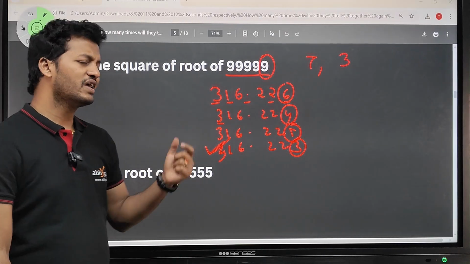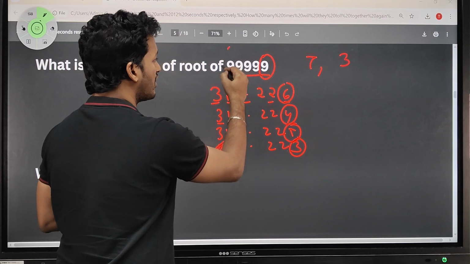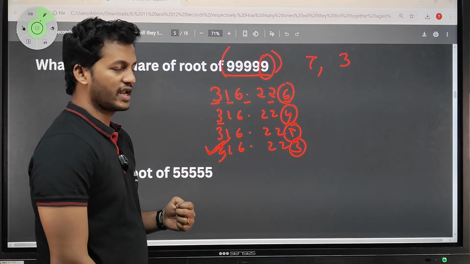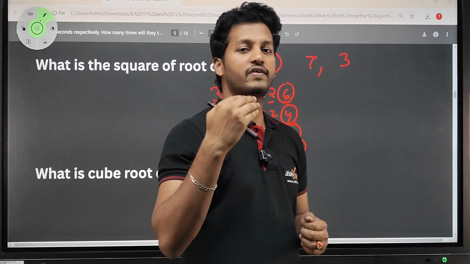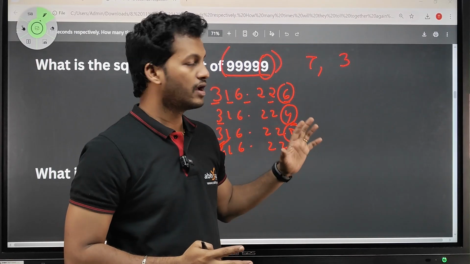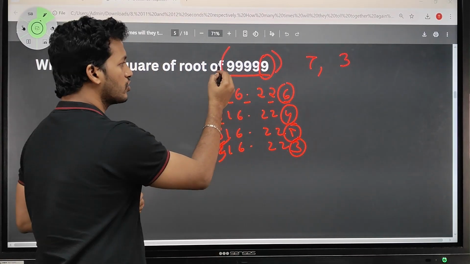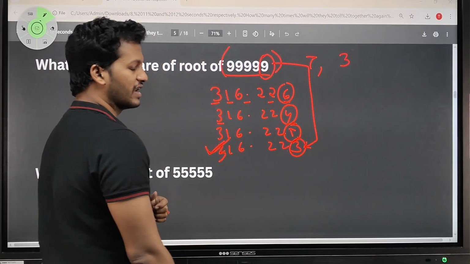But unfortunately, that answer is wrong. Why? Because this is not a perfect square. So to find this square root, it is better to go for the long division method. How you do that long division, I'll explain, but don't use this shortcut of finding the square root through the last digit.